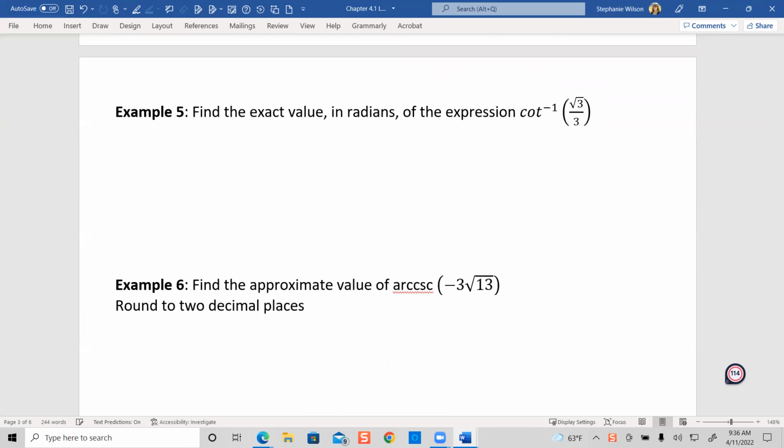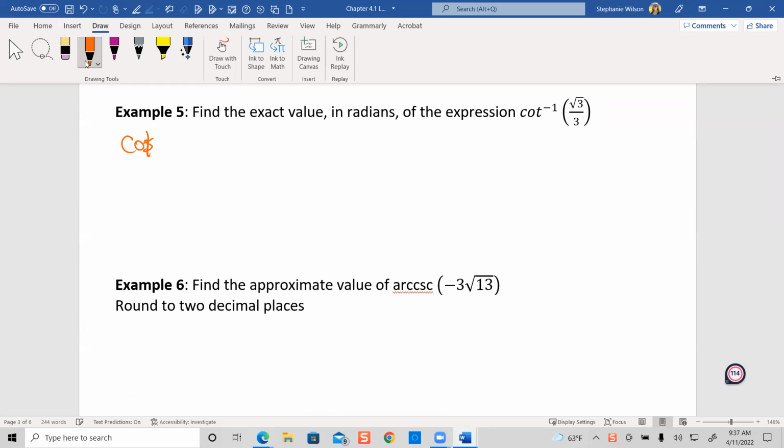Find the exact value in radians of the expression cotangent inverse of the square root of 3/2. So we know that cotangent, we know, let me get my pencil to work.